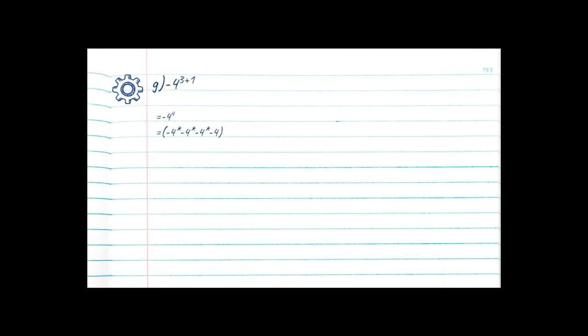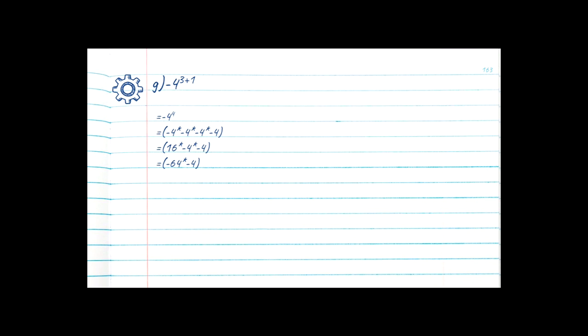And again, we're only going to solve the first operation first, so we're just going to look at the first 2 4s. -4 times -4. Well, a negative and a negative will give us a positive, and 4 times 4 is 16. And we drop the rest of the equation. Now we have a positive 16 times a -4. Well, a negative and a positive will give you a negative, and 16 times 4 is equal to 64.